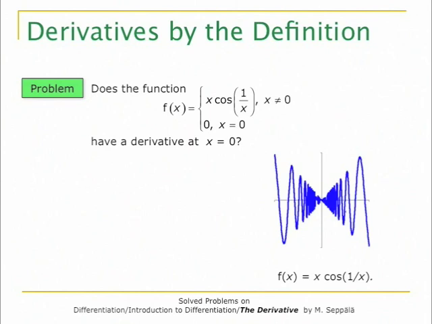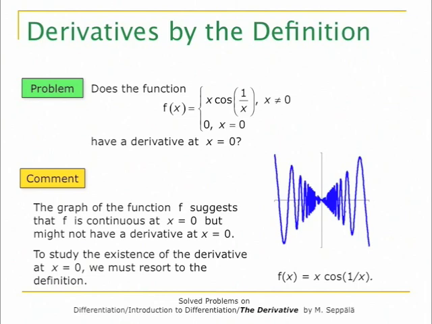Consider the function f of x defined by setting f of x equals x times cosine of 1 over x when x is different from 0 and 0 when x is 0. Does this function have a derivative at x equals 0? On the right you see the graph of this function.